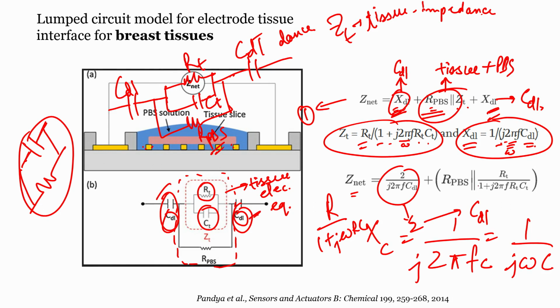And then there will be this central element, which is a parallel combination of resistance offered by PBS and ZT. What you get finally is RPBS in parallel with RT over 1 plus j 2 pi f RT CT. This again is omega RT CT. This is the expression that we have put here.